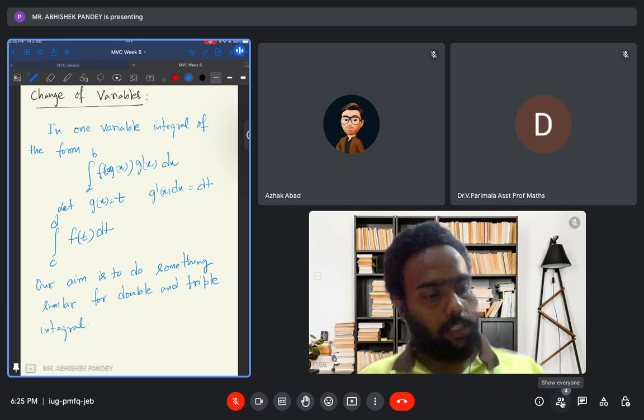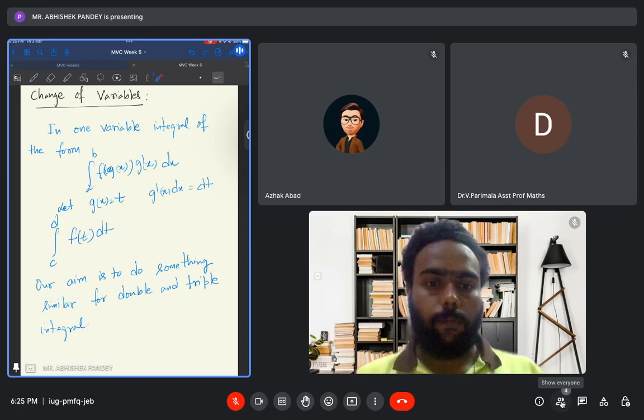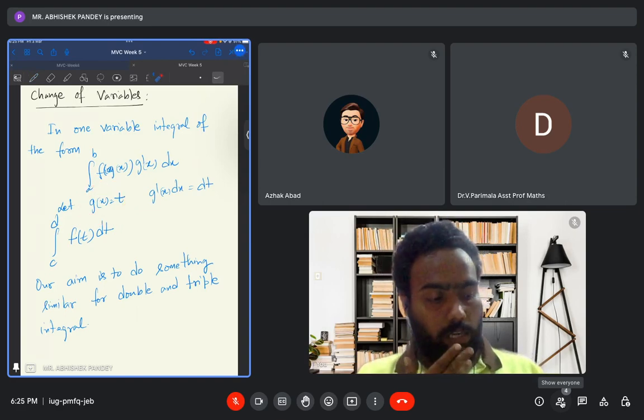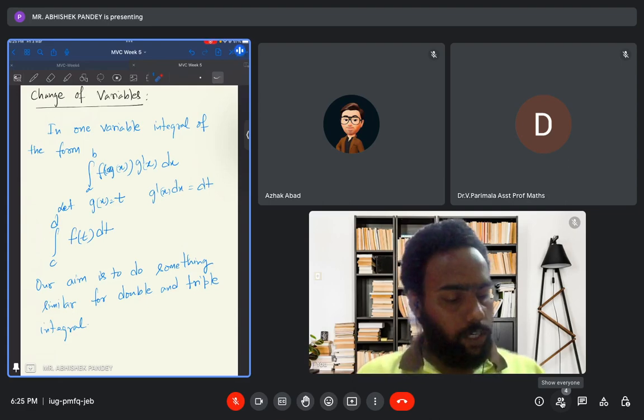The same transformation, if we apply in the two and three variable case, how the region of integration changes, that also we need to check.